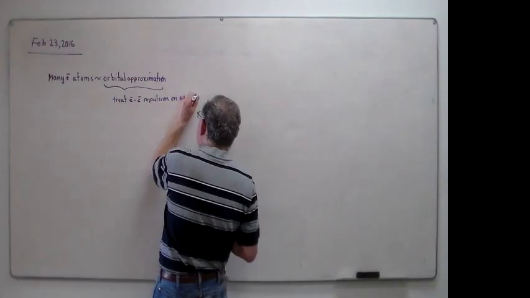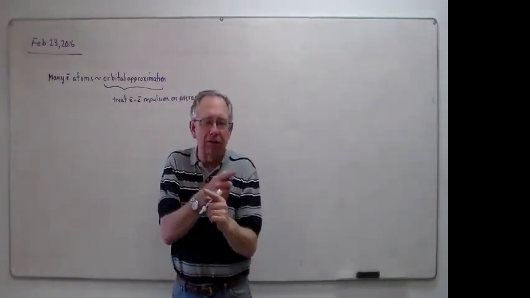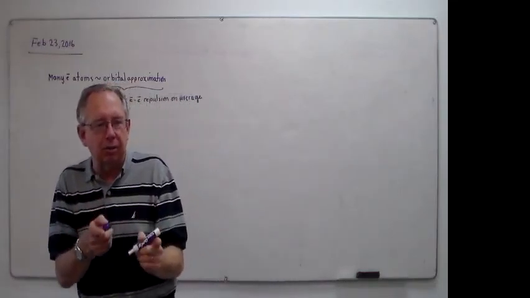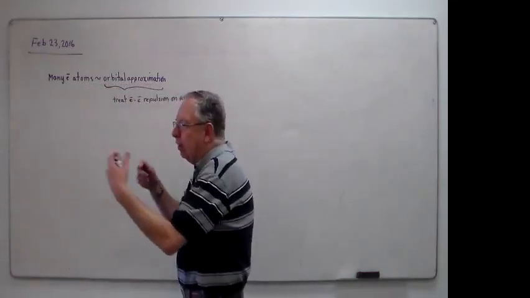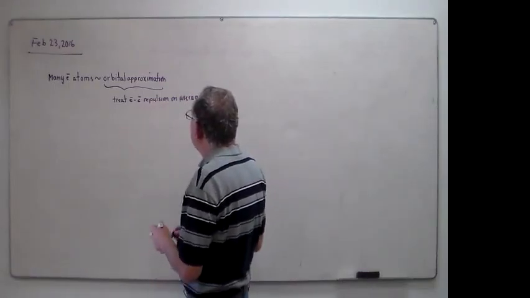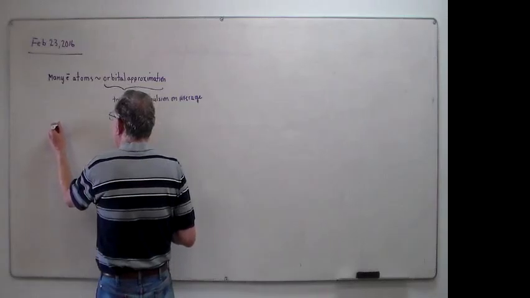We're not going to try to account for every last repulsion. Remember, those cross terms made Schrodinger's equation impossible to solve analytically, so we're going to treat it on average. We're going to make the orbital approximation.